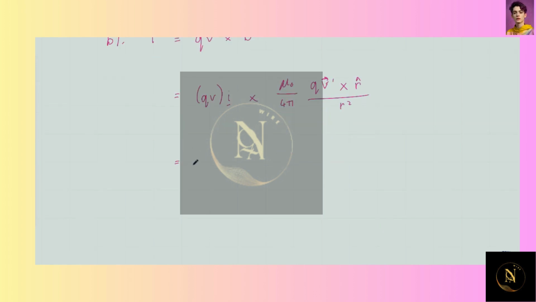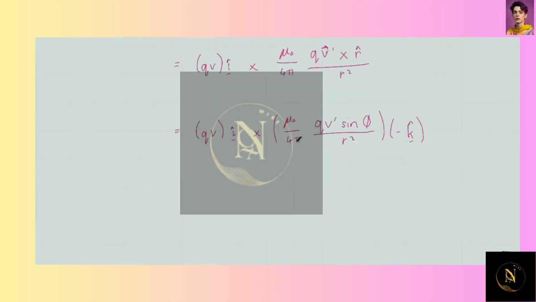So we can write this as qv i hat, the i unit vector, crossed with mu naught over 4 pi times q prime v prime sine phi over r squared, and this is, so v cross r hat gives us the unit vector minus k hat.